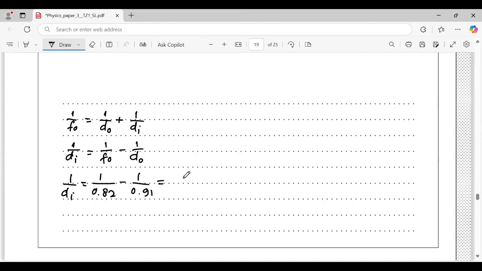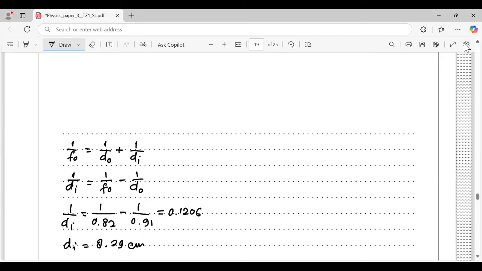If you calculate this fraction, it is 0.1206, that is 1 over the image. That means the image distance equals 8.29 centimeters. That is the image distance from the objective lens. All right, so 8.29 centimeters from the objective lens.